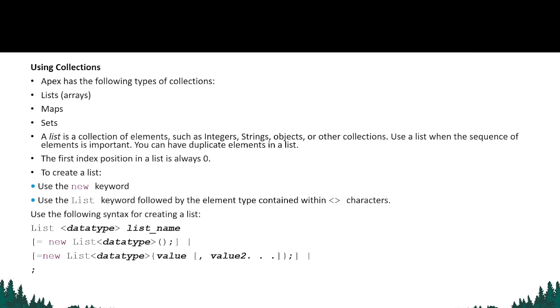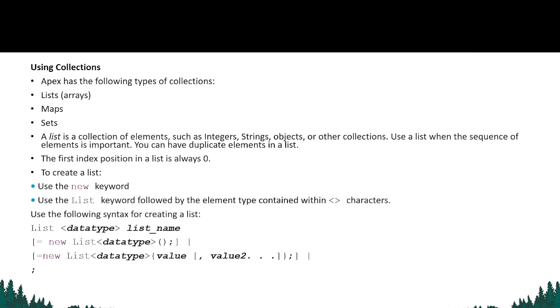Now when you have to create a list, you have to use the new keyword and then the list keyword. Then you follow the brackets, where the less than and greater than signs are treated as the bracket characters.